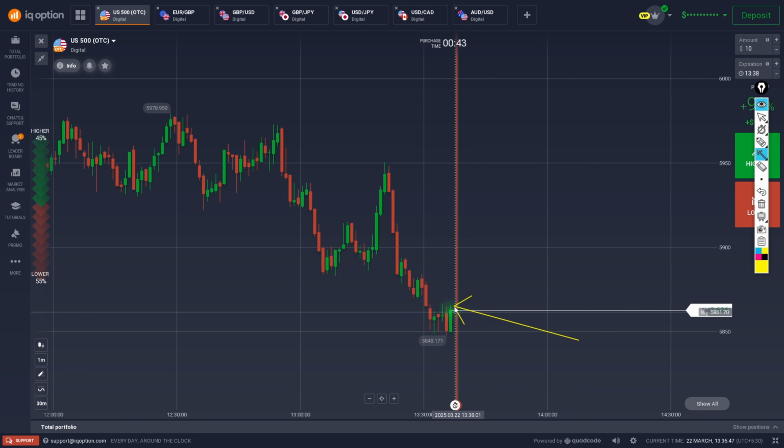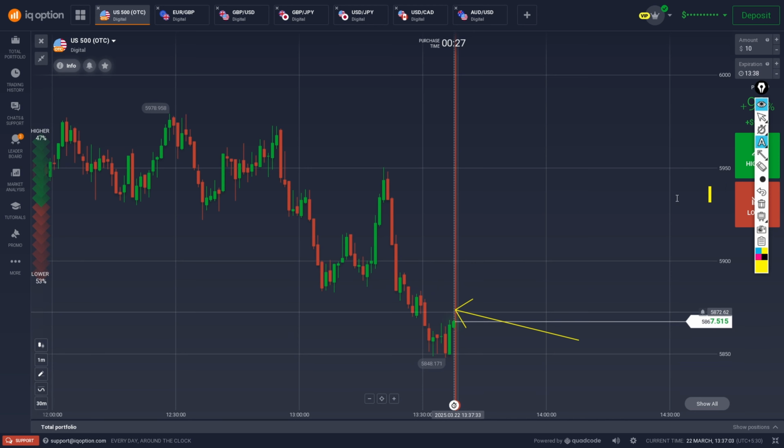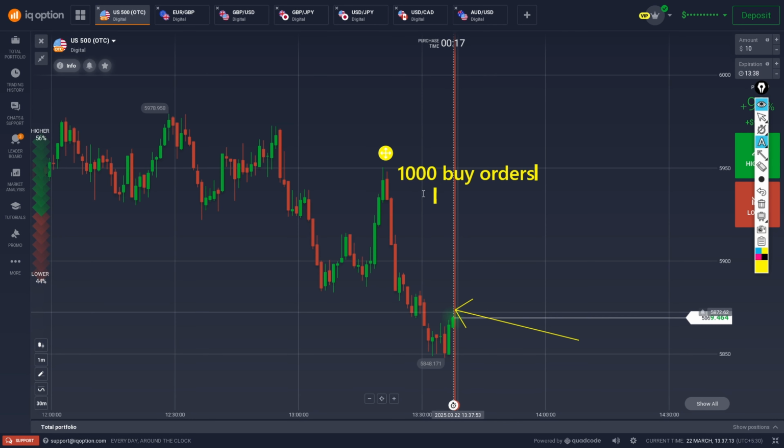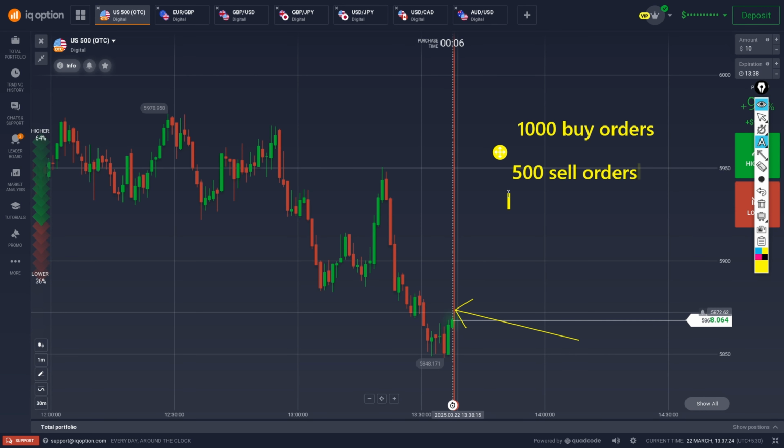So in the current scenario, you can see that the price is moving here. Suppose at this very moment we got around 1000 buy orders and 500 sell orders.